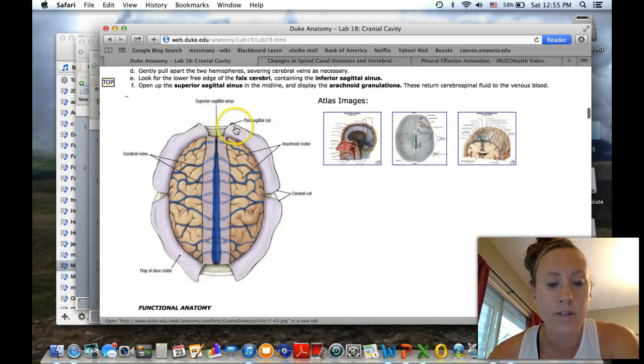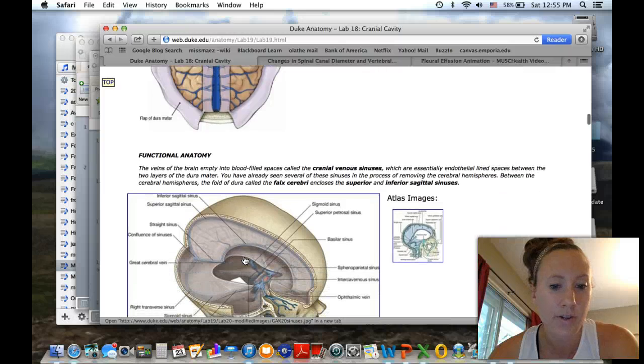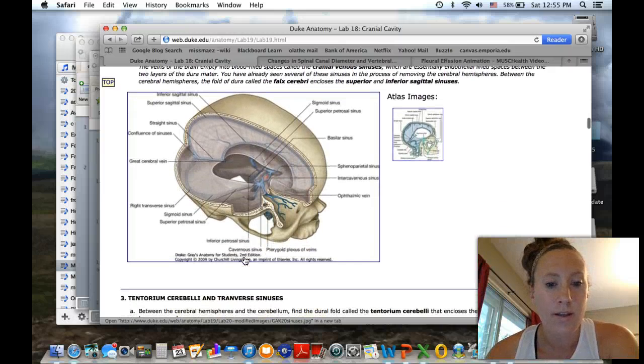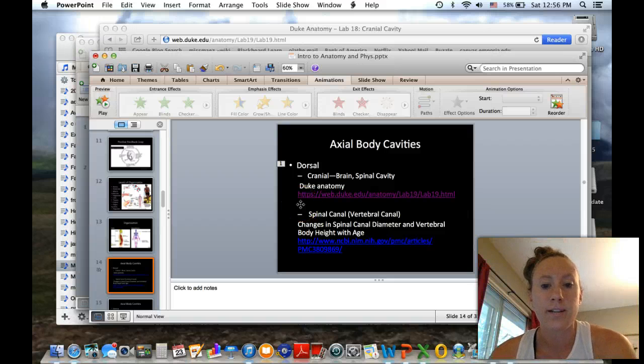If you go down further, you can see this is where the brain would sit inside the cranial cavity. And we can go down even further and see a lateral view of this cranial cavity.